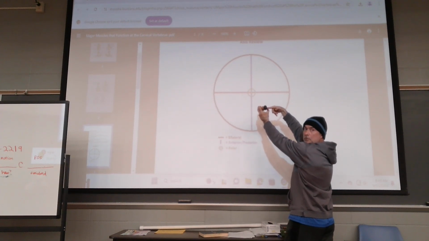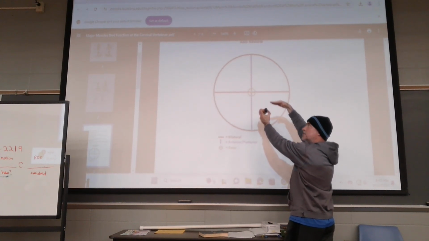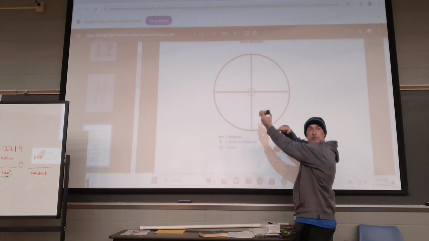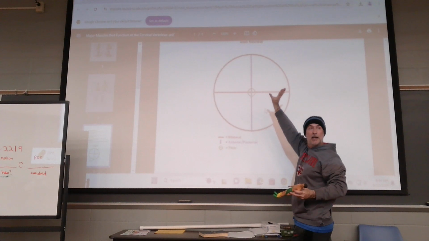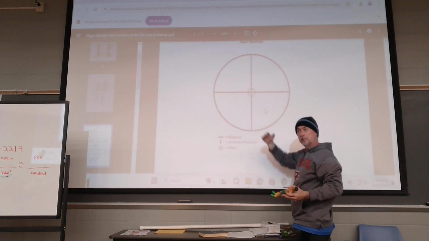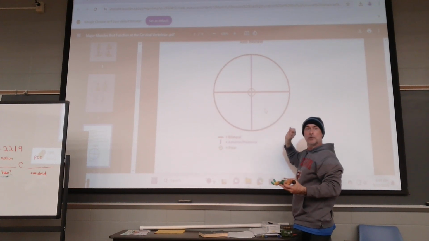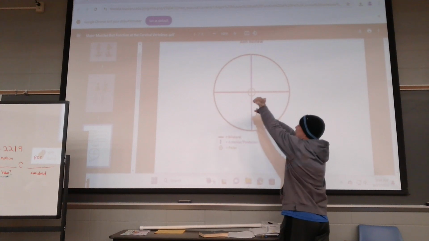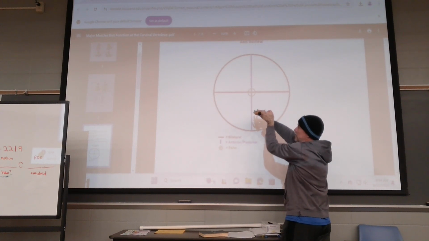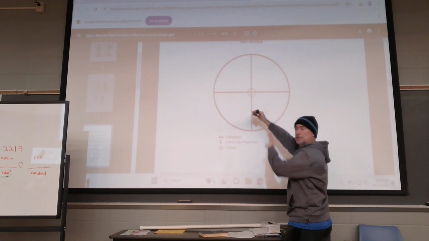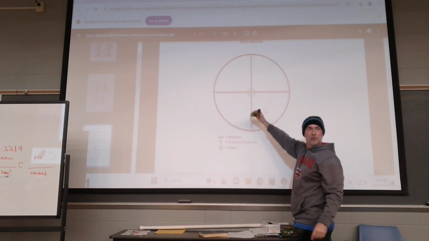Bilateral, which separates the flexion pullers from the extension pullers. If the muscle is anterior to the bilateral axis of a joint, it's going to be a flexion puller. Posterior is going to be an extension puller. The blue is anterior, posterior. If it's on the right side of the blue axis, it's going to be a right lateral. If it's on the left side, it's going to be a left lateral.